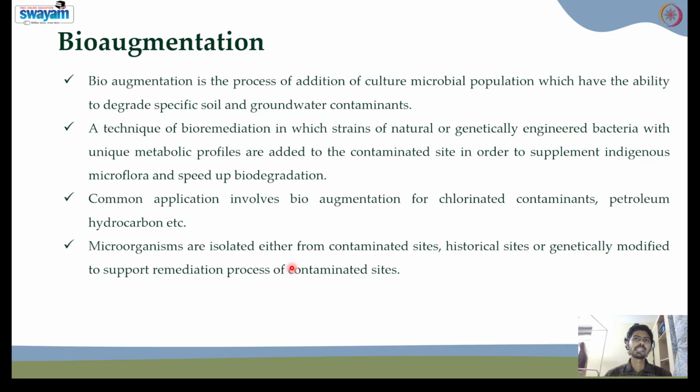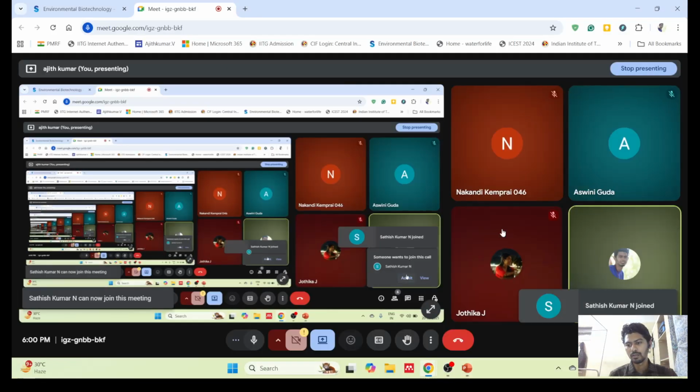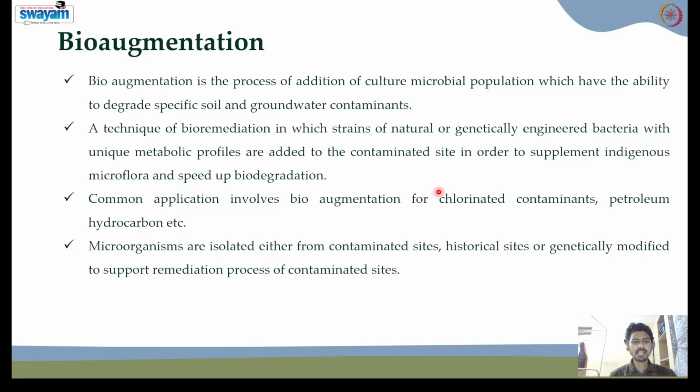So the microorganism that we are using can use the petroleum hydrocarbons as their food, and it helps us to remove these pollutants effectively. So this is what we call bioaugmentation.